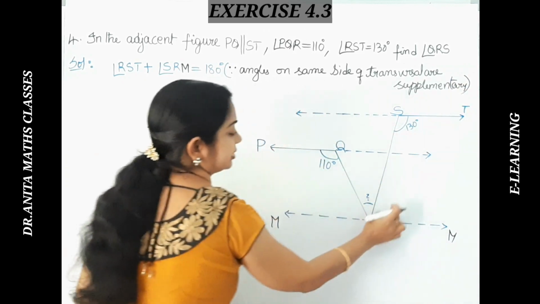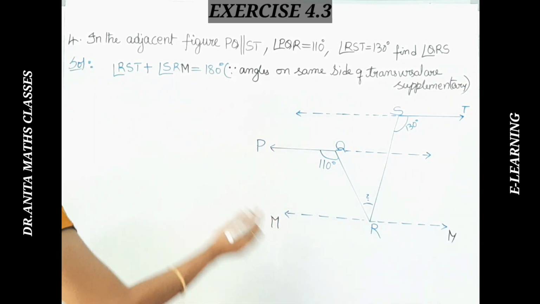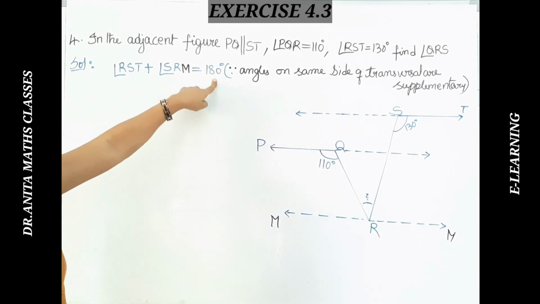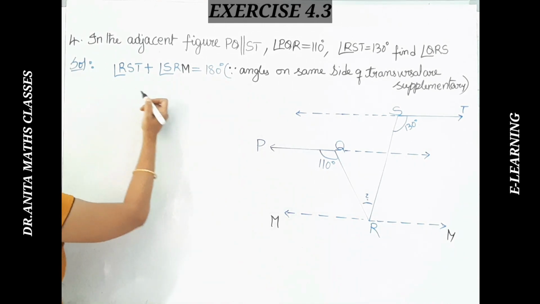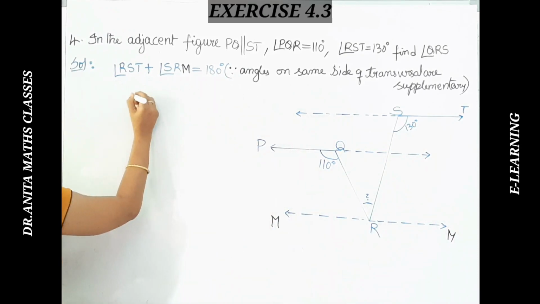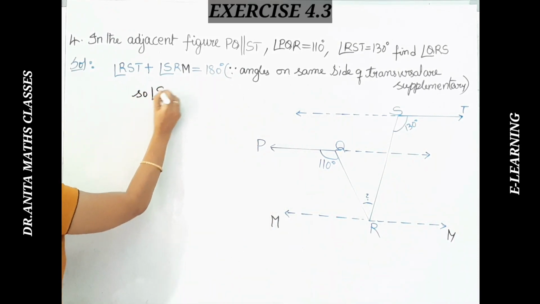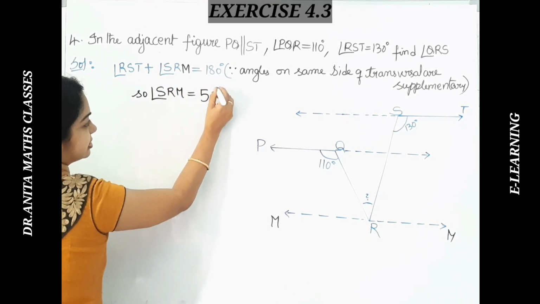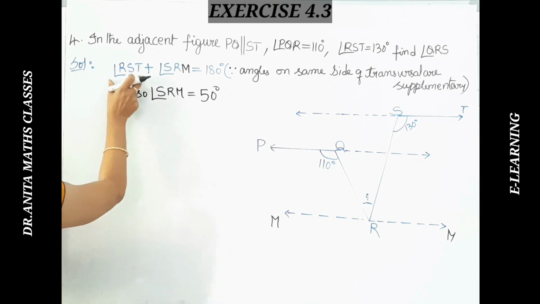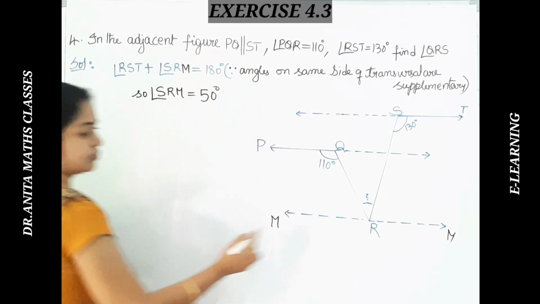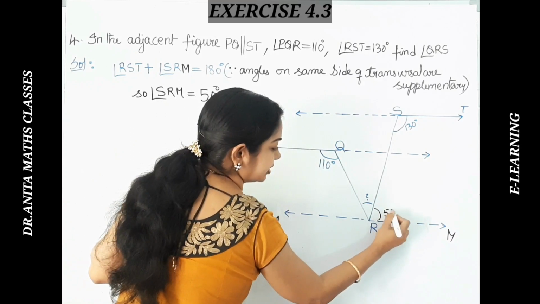So this is 130, and here angle RST plus angle SRM is 180 degrees. So angle SRM is equal to 50 degrees from the above. If you subtract 130 from 180, it is 50 degrees. So we got this angle as 50 degrees.